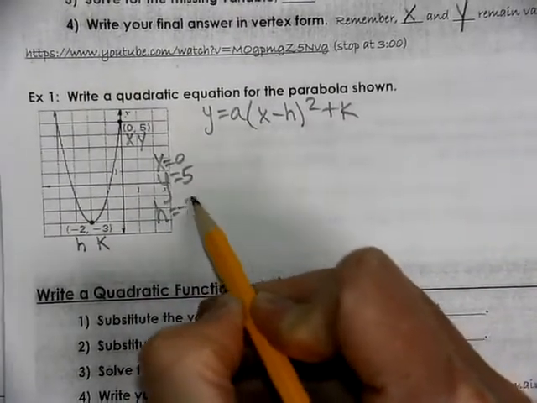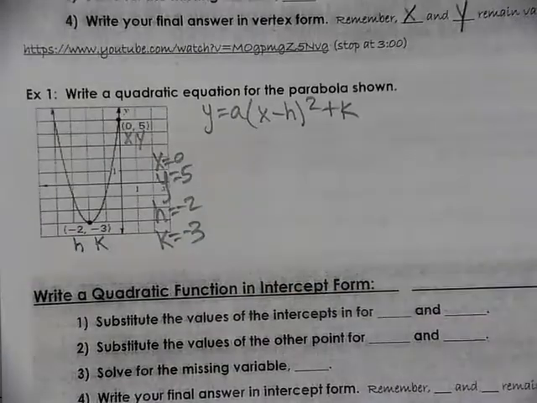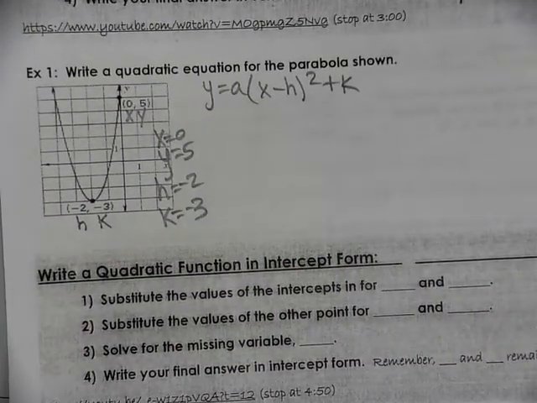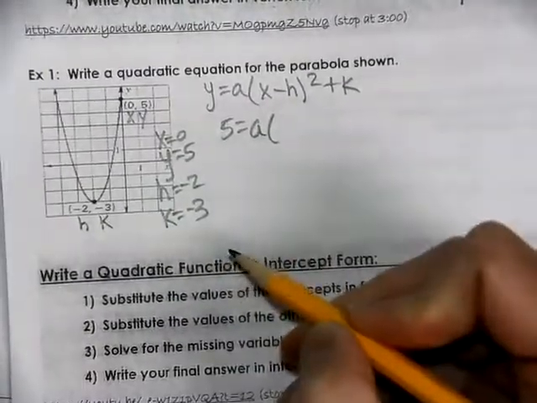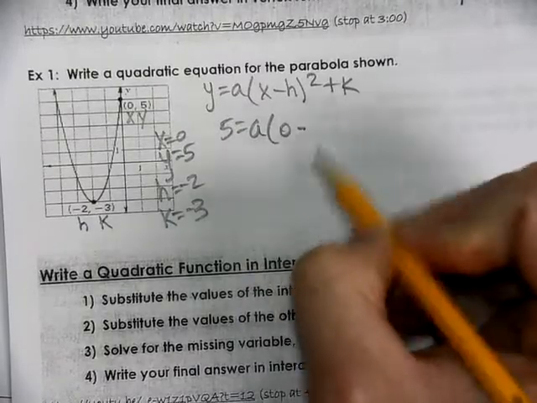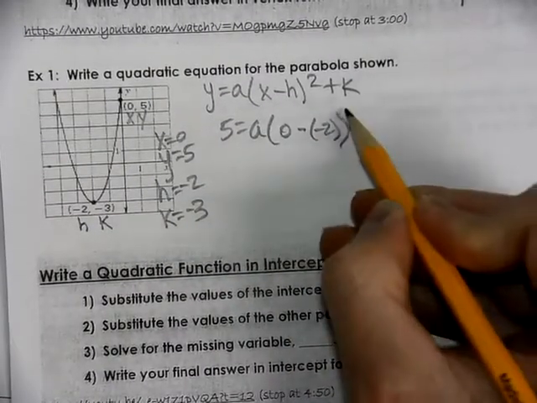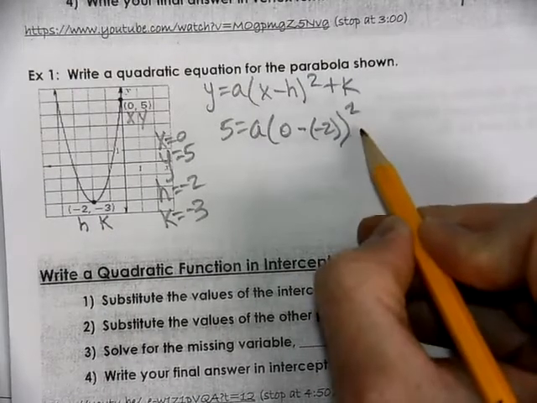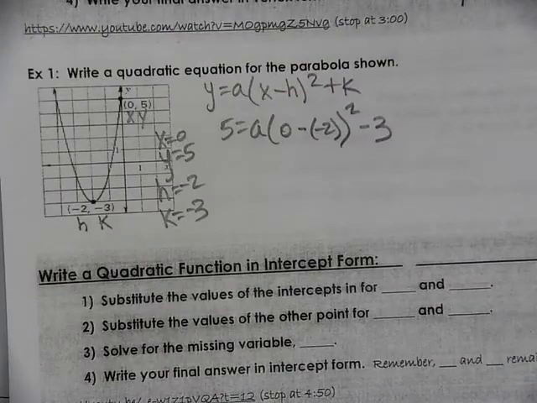Our h value is negative 2, and our k value is negative 3. Those are the values we know of. So 5 equals a, we don't know about a yet, times 0 minus, h is a negative 2, we're squaring that, and k is a negative 3. We don't have to write plus a negative 3, because that still means minus 3.